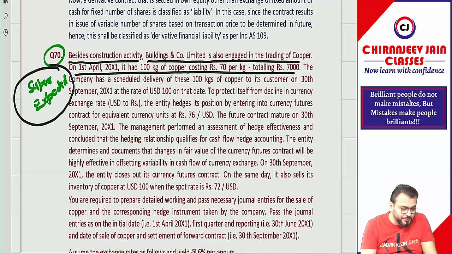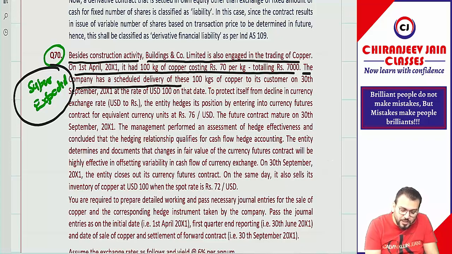Start drawing the timeline. The company has a scheduled delivery of these 100 kg of copper to its customer on 30th September 2001. That means after how many months? 6 months. At a rate of US dollar 100 on that date.